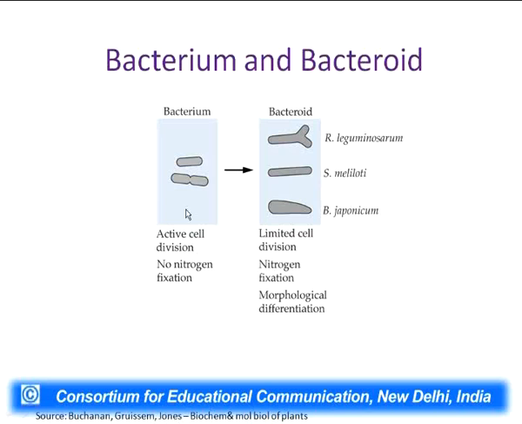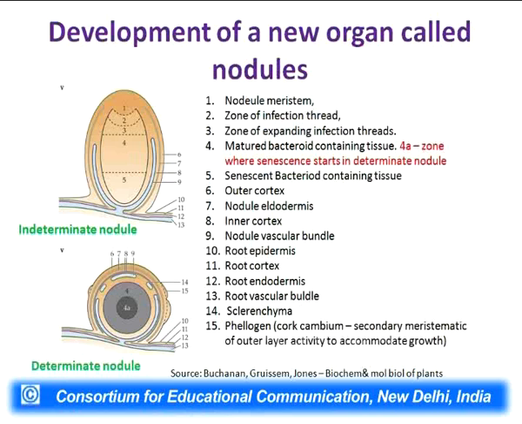These bacteroids, when growing in the nodule, have a different kind of morphology. They do not divide much, but they are specialized for nitrogen assimilation, whereas the ones that grow free, called bacterium, divide actively and are not able to fix nitrogen.